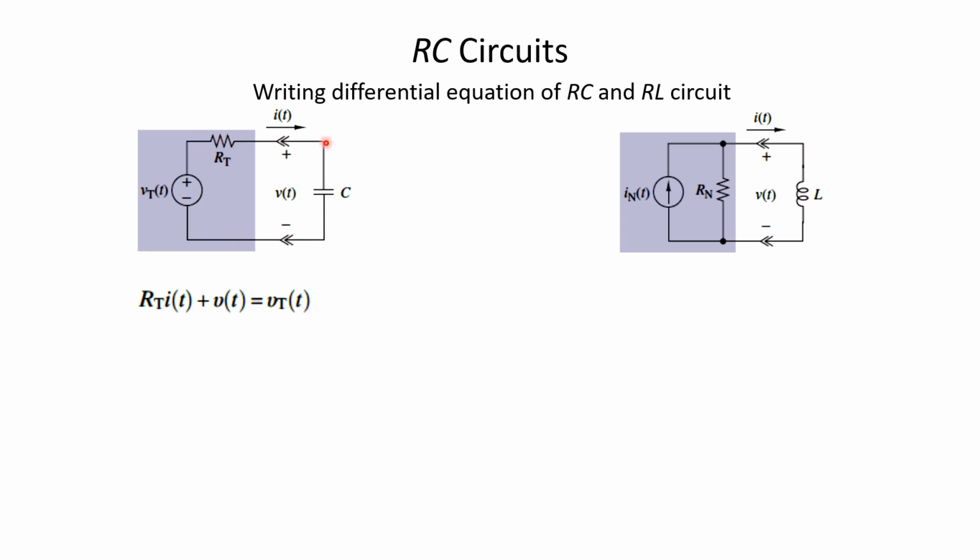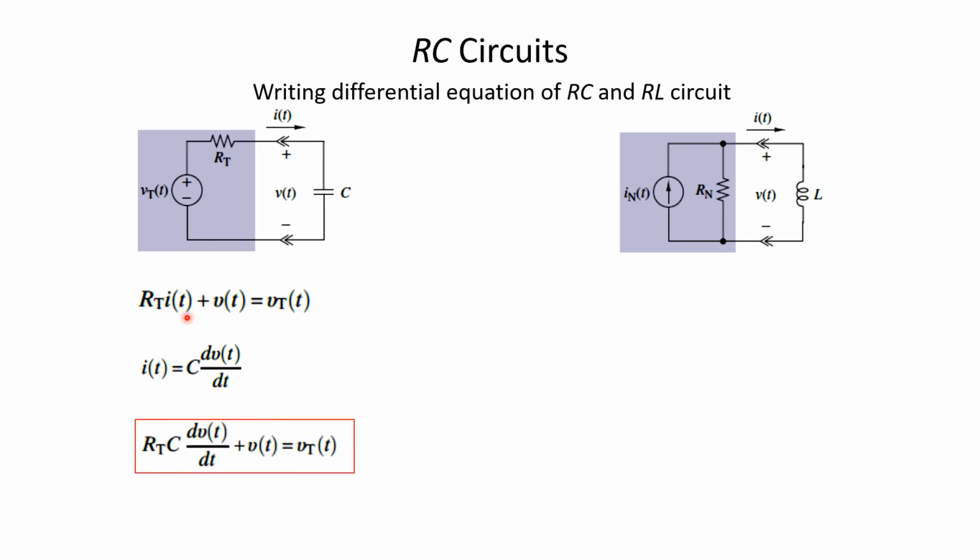It is a loop and a mesh as well because we have a single loop. Now, as we know that the capacitor current is the product of capacitance and the time rate of change of the voltage, we will use this expression of I and substitute I in the first equation.